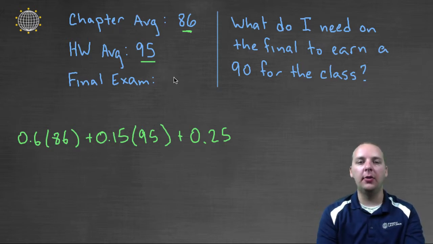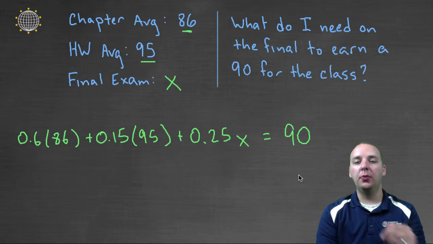That's really the key to the whole thing. So we'll call this X because we don't know what we need to get on the final exam to get a particular grade. So we'll take that 0.25 times X, whatever that mystery number is, and we're going to set this equal to whatever we want to earn in the class, like in this case a 90.